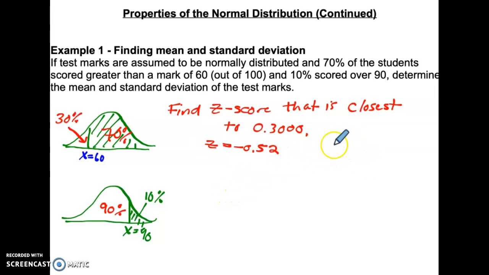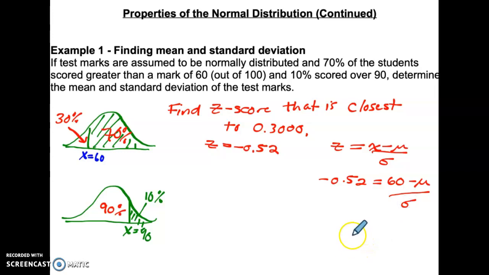Okay. And we can actually fill in the z-score formula, right? Because we know z is also equal to x minus mu over sigma. We know the z. We know the x, because the x is 60. We don't know mu, because we are trying to find the mean, and we don't know standard deviation, because that's also what we're trying to find.